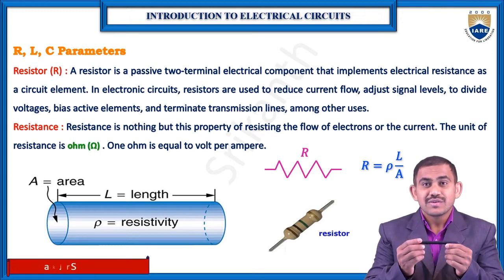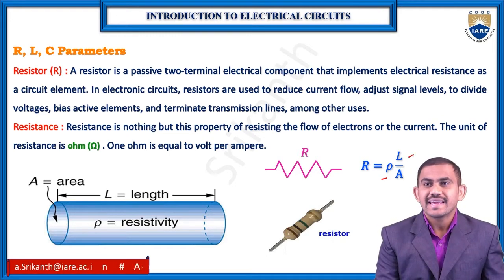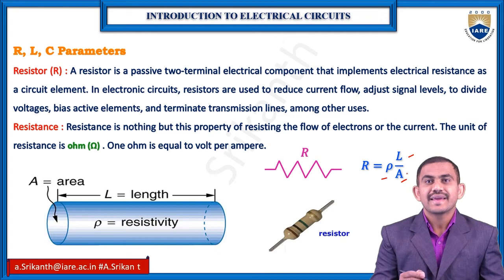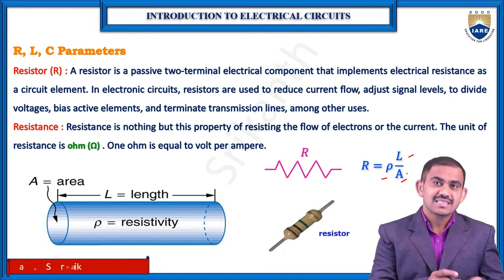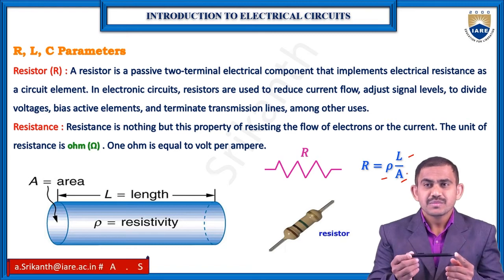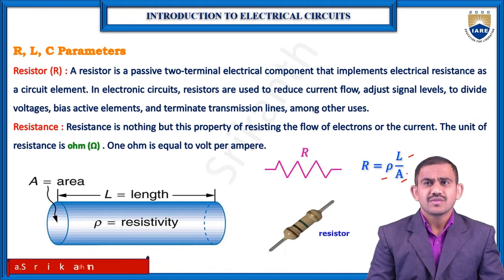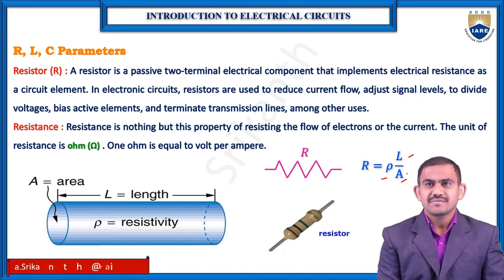So your resistance formula is rho L by A, where rho is your conductor resistivity, L is the length of your conductor, and A is the area of your conductor. This is the symbol of your resistor.